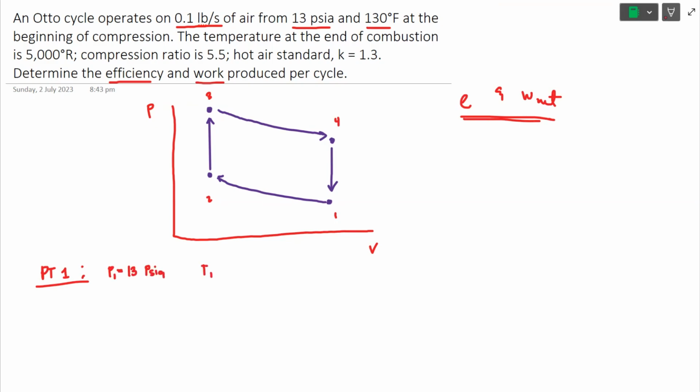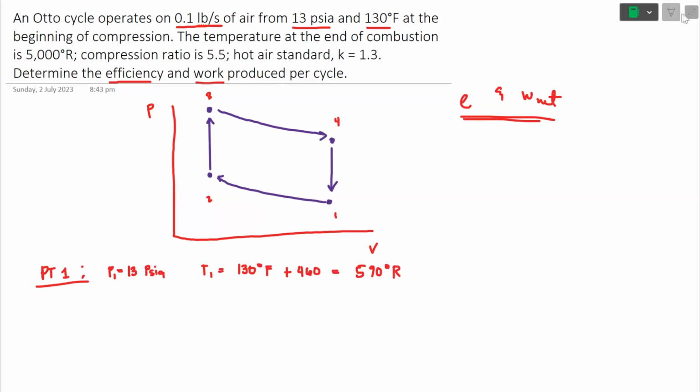T1 is 130 degrees Fahrenheit. So, add ka na ng 460 dyan para laging absolute. Okay? 460, bale mga 590 degrees Rankine. Beginning of compression. So, point 1 talaga yon.